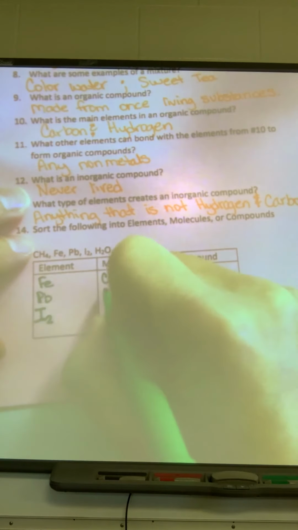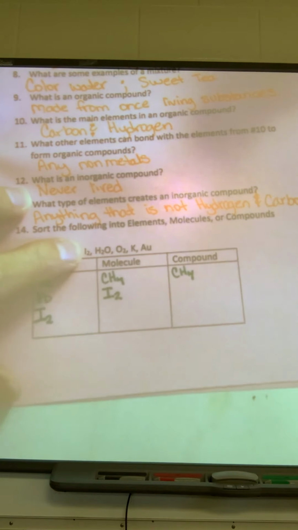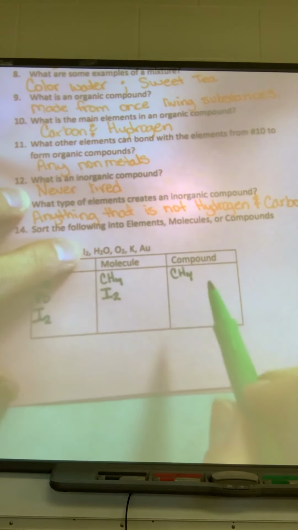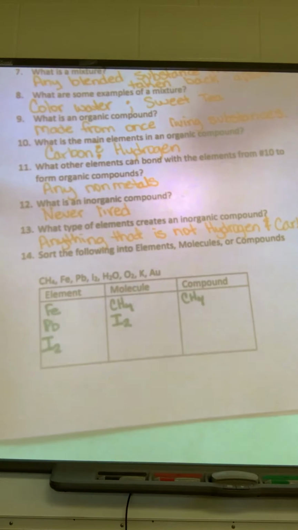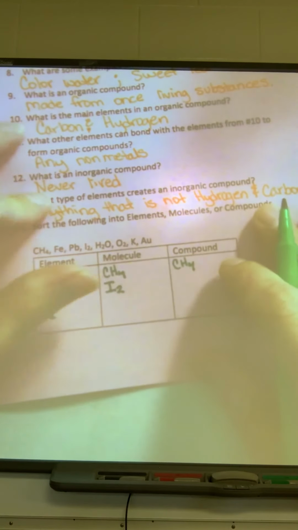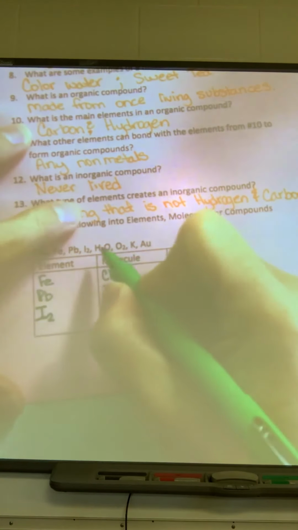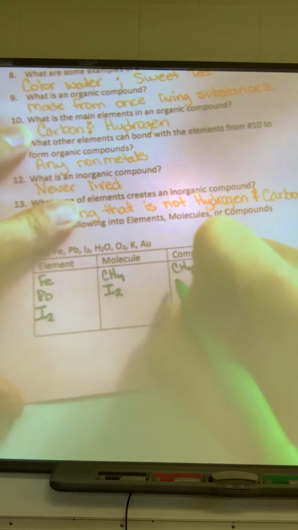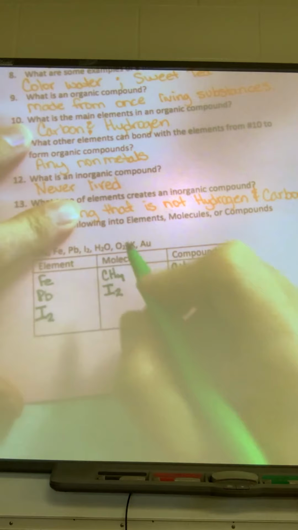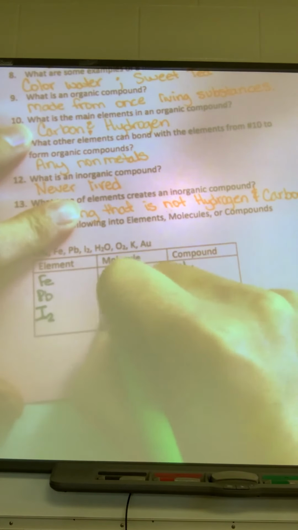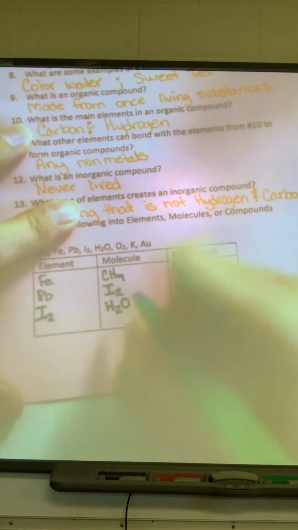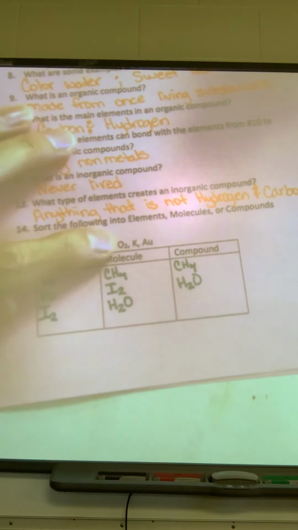It can be a molecule also because it has 2 iodine in it, but it cannot be a compound because, again, one capital letter. H2O, 2 capitals, so it has to be a compound. But it can be a molecule because I have 2 hydrogen and 1 oxygen, that makes 3.